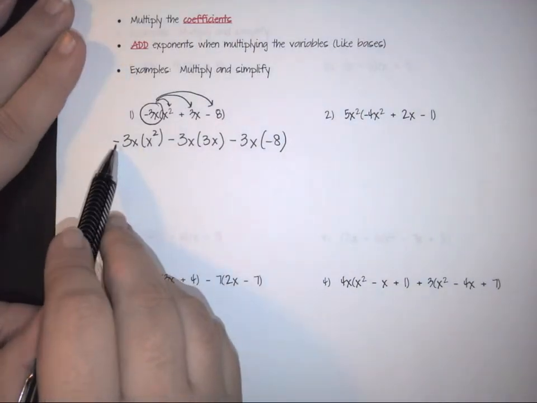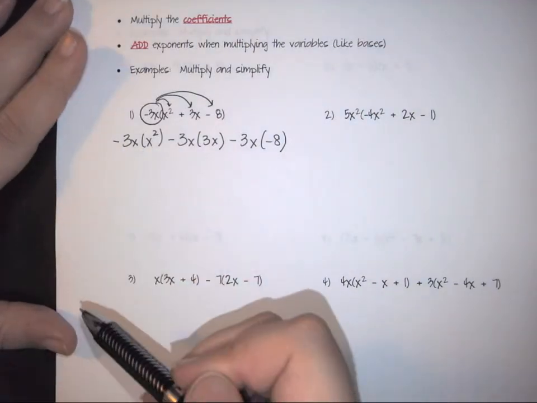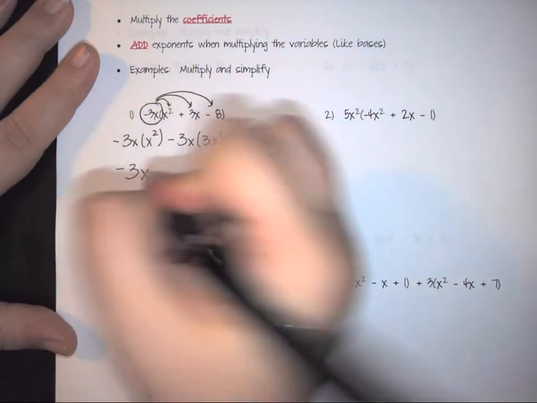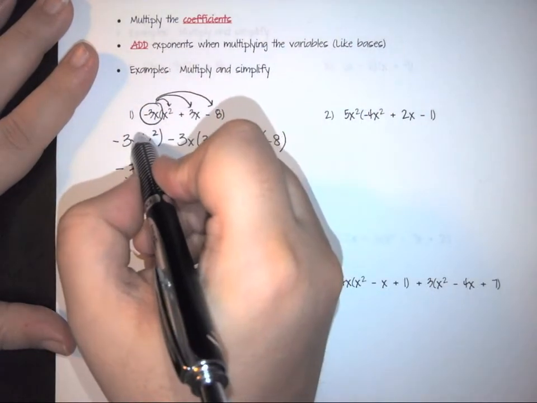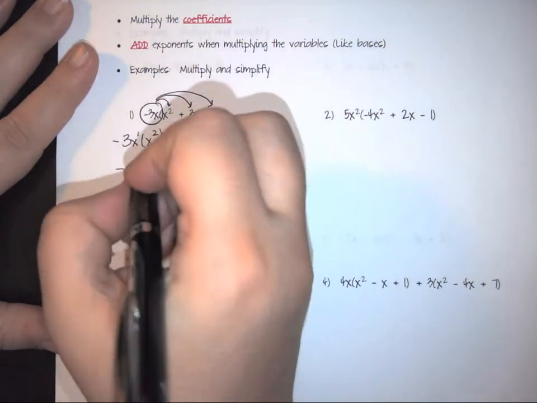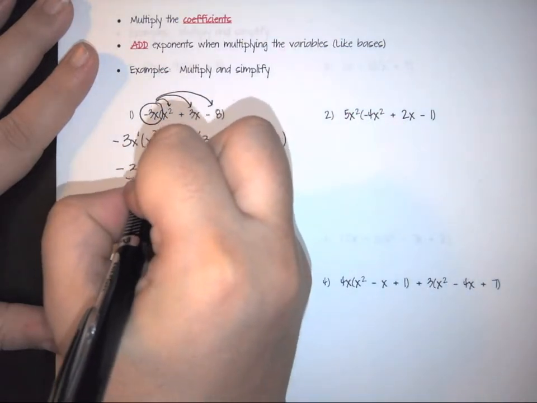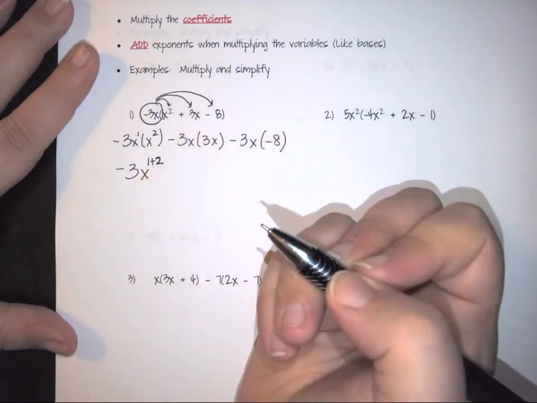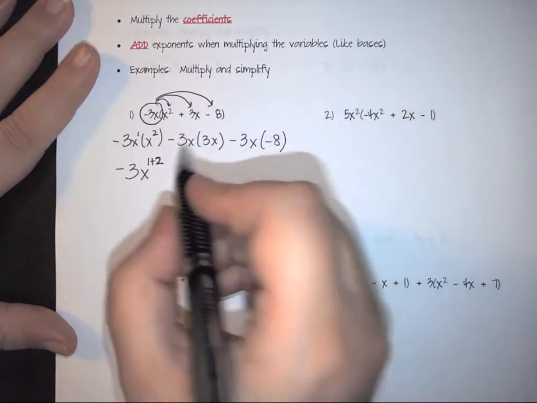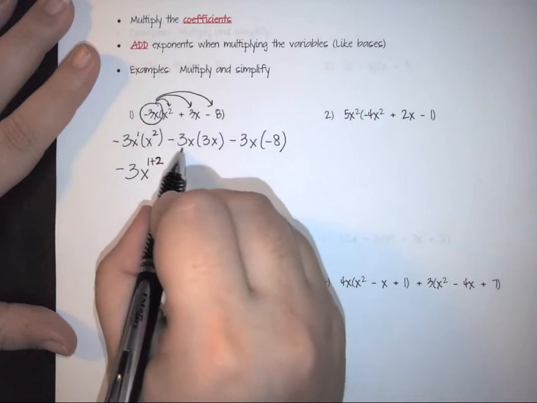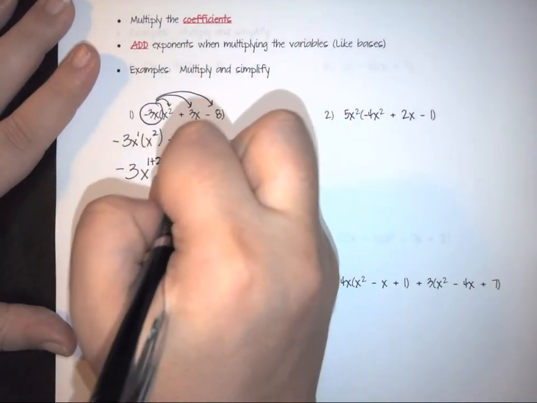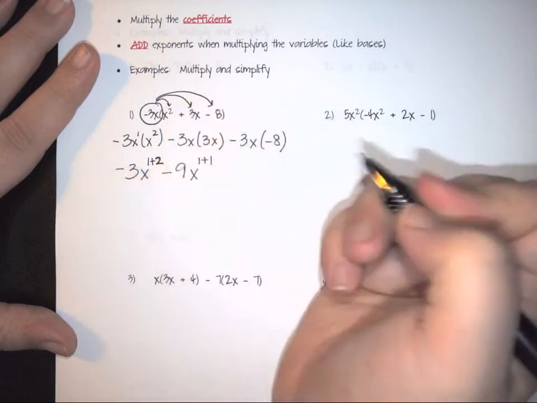Here I have negative 3x times x squared. My negative 3 carries through, my x carries through, and the powers are 1 and 2, so this becomes 1 plus 2. Remember, if you multiply terms together, you add your powers. Next, negative 3 times 3 becomes negative 9, and this is x to the 1 plus 1.